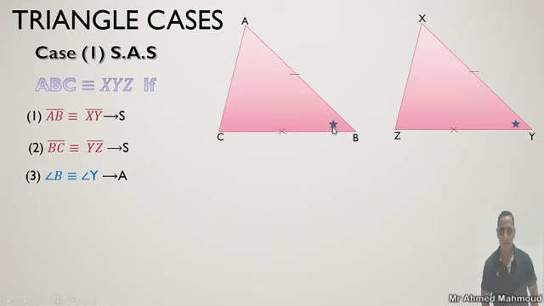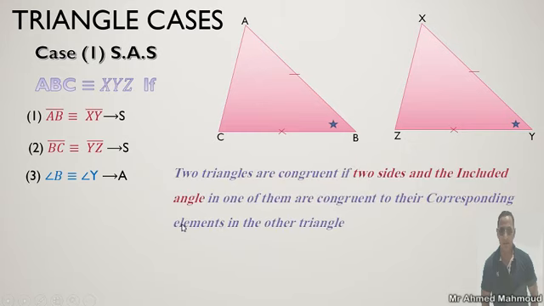Notice here that angle B is included between the given sides, the given sides AB and BC. Angle B is included between them, and angle Y is included between the given sides. So we say that it's SAS, two sides and the included angle. Then the two triangles are congruent. We say that two triangles are congruent if two sides and the included angle in one of them are congruent to their corresponding elements in the other triangle.